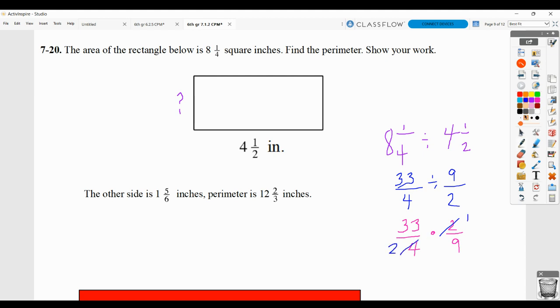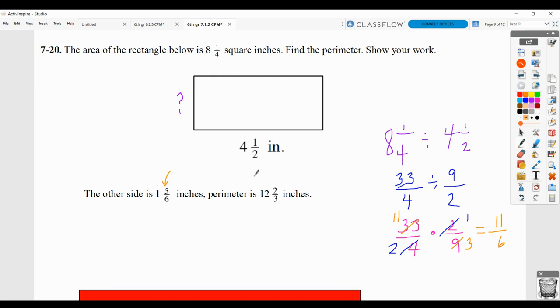You could also simplify because 9 and 33 will both divide by 3. So 9 divided by 3 gives you 3, and 33 divided by 3 gives you 11. So at that point, when you multiply across, you get 11/6. 11 times 1 is 11, 2 times 3 is 6, and 11/6 is the same as 1 5/6. So that's the kind of work we should see.